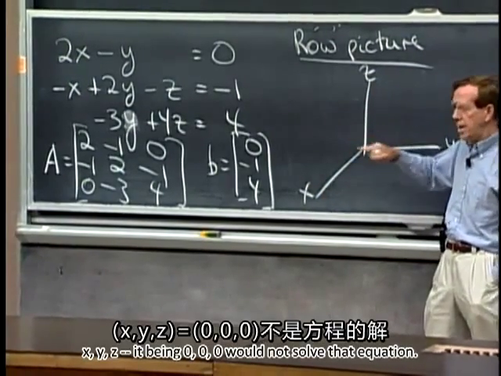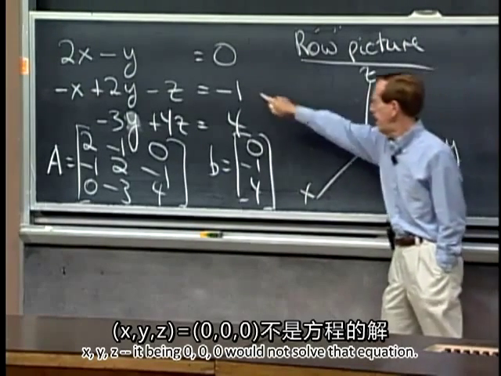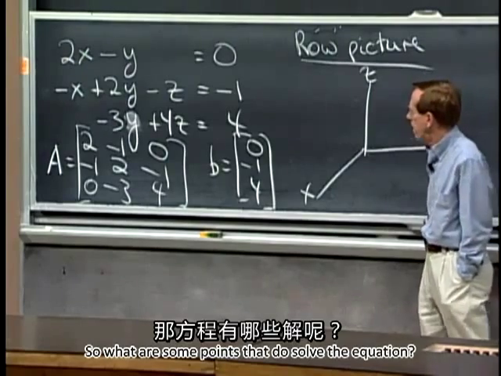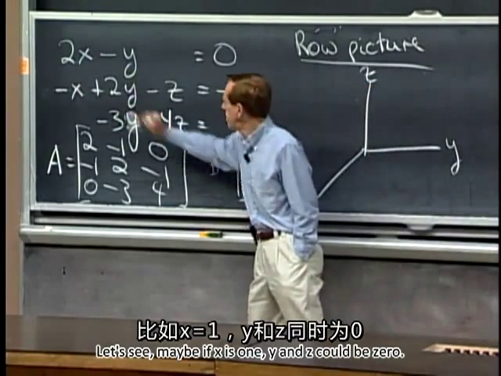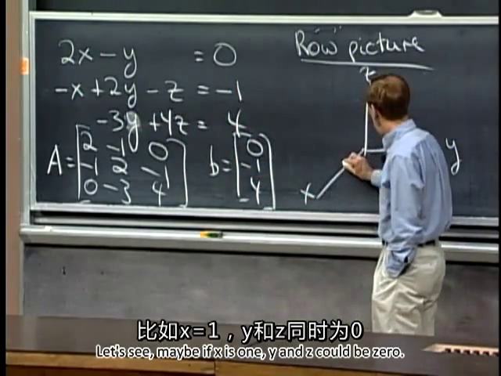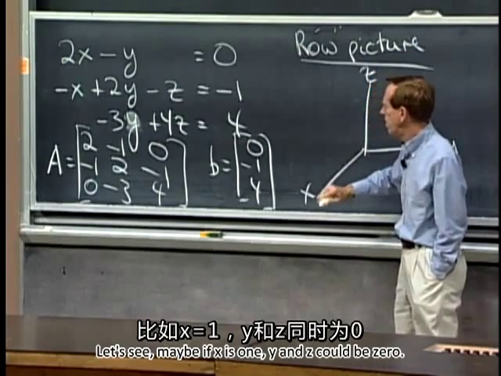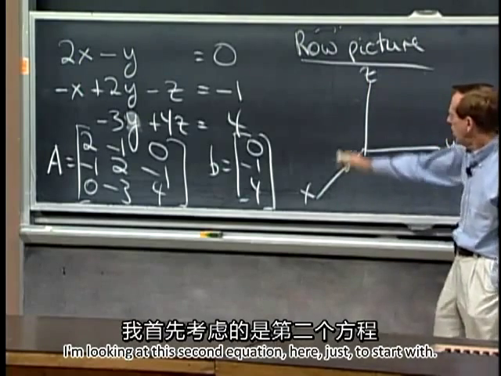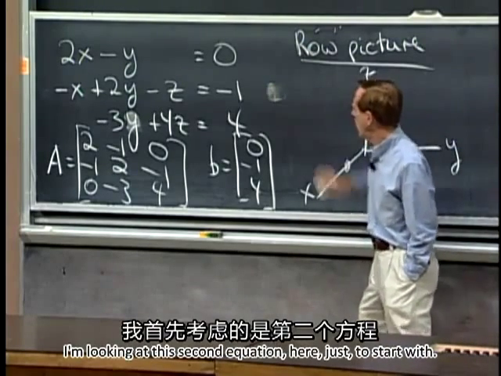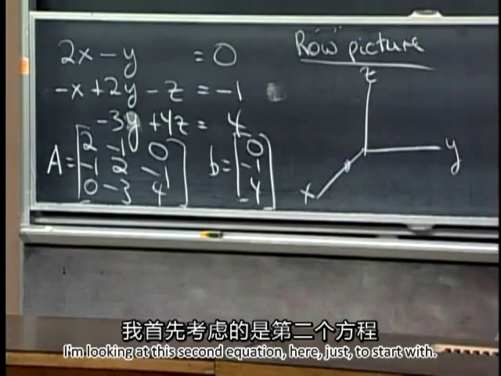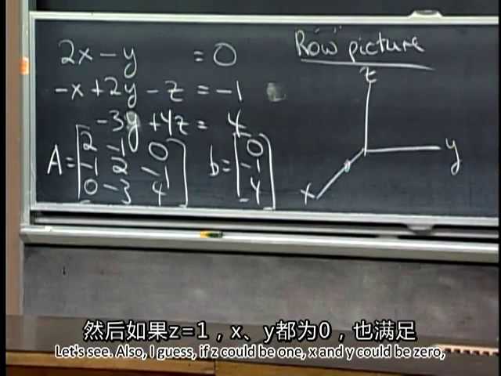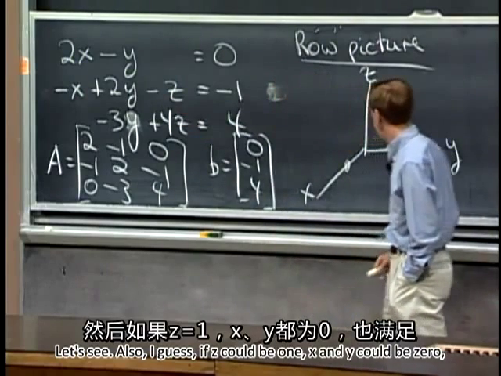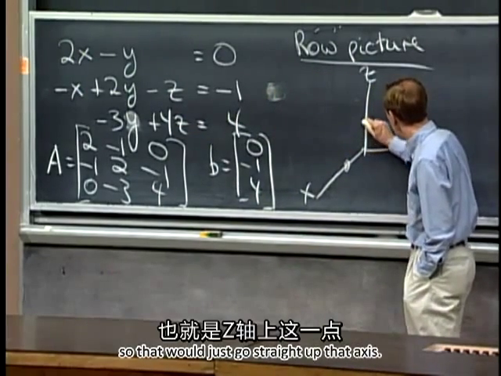X, Y, Z being 0, 0, 0 would not solve that equation. So what are some points that do solve the equation? Let's see, maybe if x is 1, y and z could be 0. That would work, right? So there's 1 point. I'm looking at this second equation here just to start with. Also, if z is 1, x and y could be 0, so that would go straight up that axis.